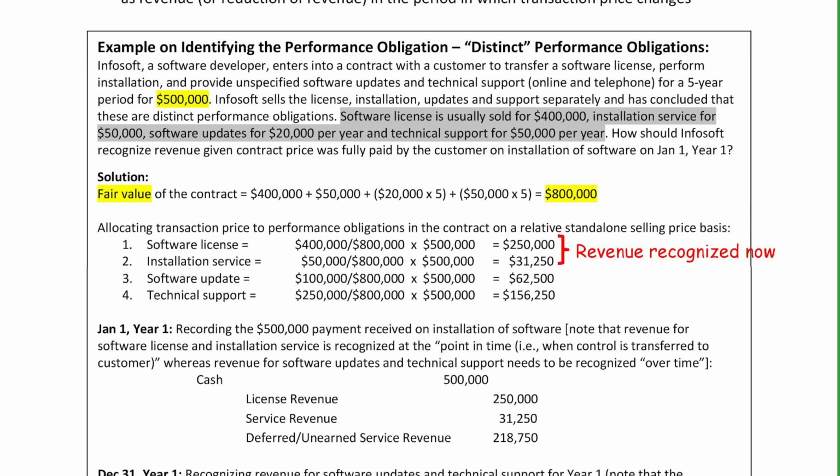So put a bracket and write revenue recognized now. However, the software updates and technical support are going to be delivered over the next 5 years. So put a bracket and write revenue recognized over 5 years.